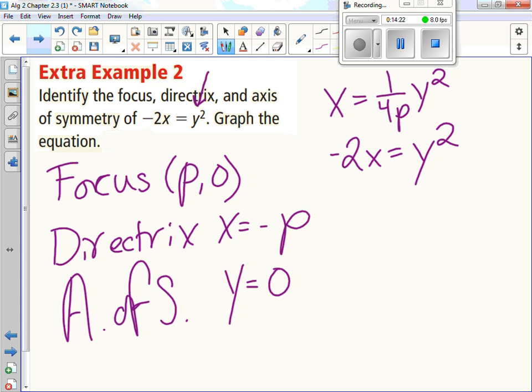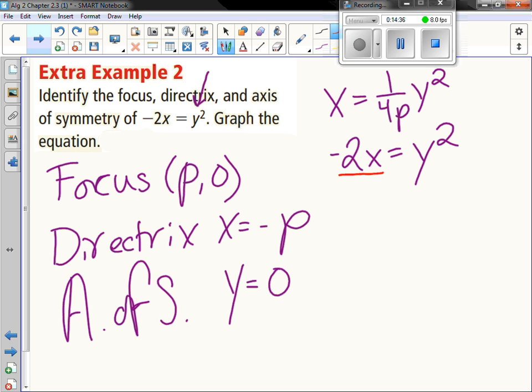Because the variable we need to get by itself is the one without an exponent. So how can I get x by itself? We need to get rid of the negative 2, and we do that by dividing both sides by negative 2.